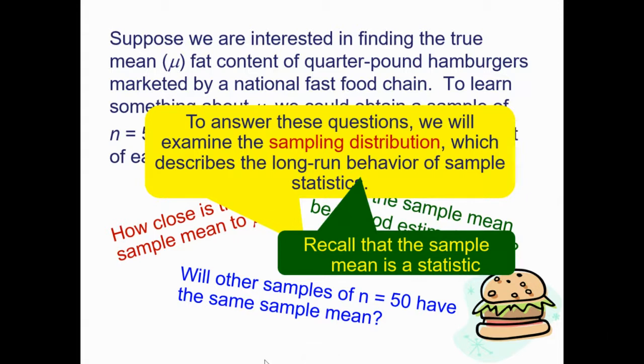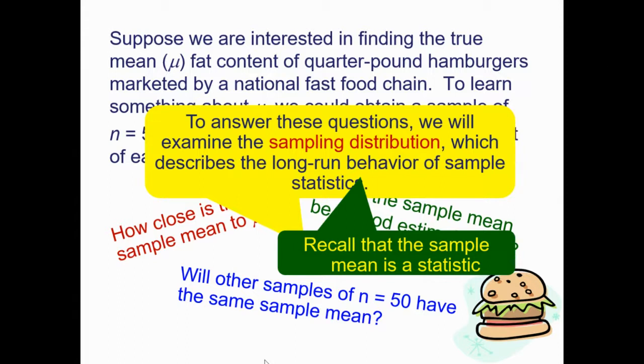Remember that the sample mean is a statistic. A parameter, if you remember, is talking about the population. Since we're dealing with the sample, that's going to be a statistic.